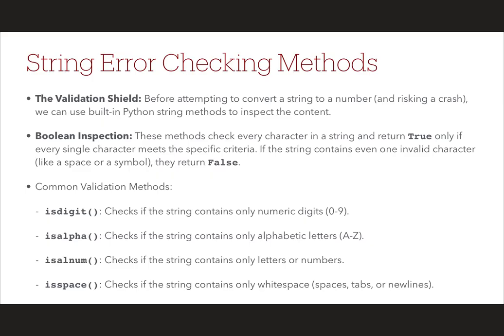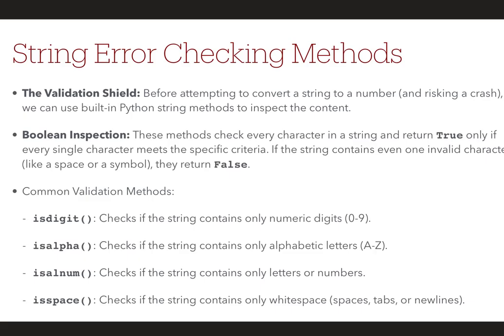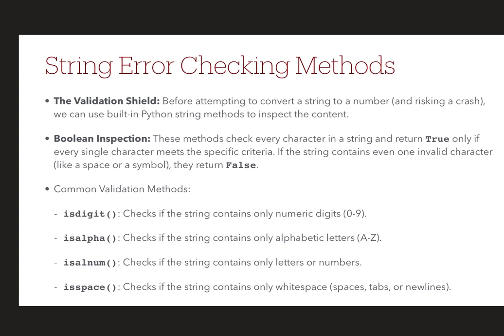So Python provides several functions, some methods, to help with this. Before attempting to convert a character string into a number, integer or float, we can first check whether the character string you received from the user actually represents a numeric integer or numeric float.